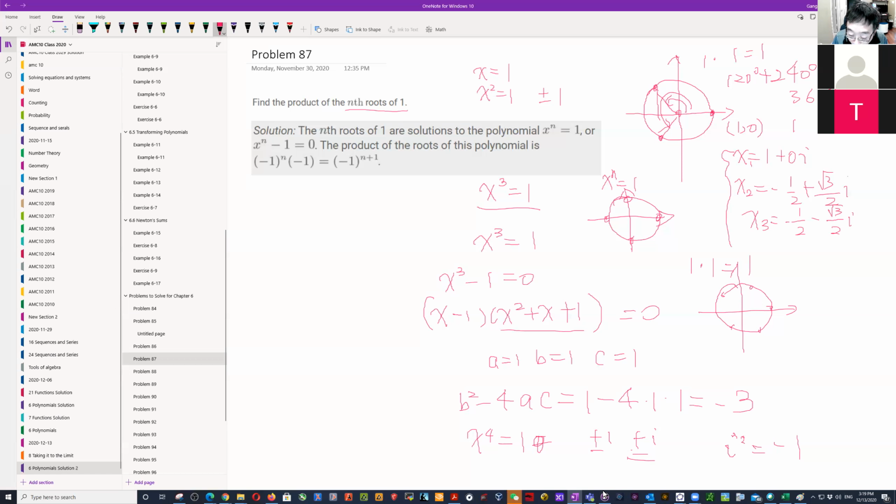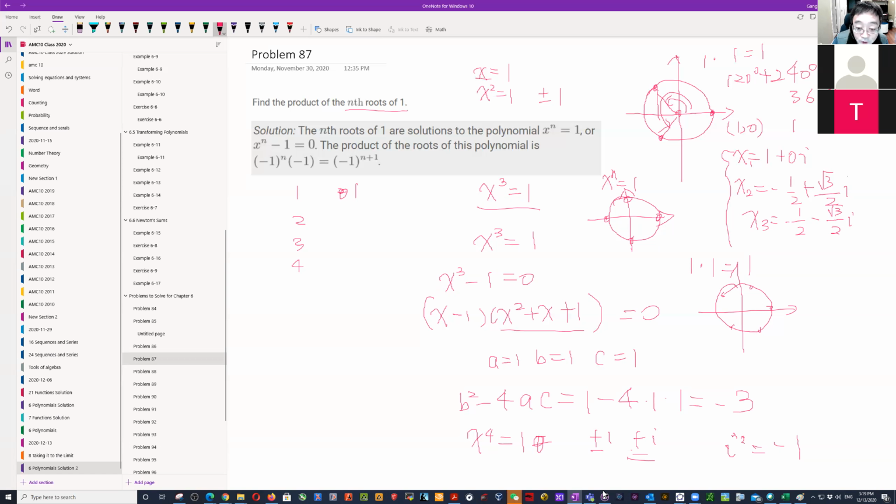Let's list a table for roots 1, 2, 3, 4. For the first degree, the only root is 1. The second degree is 1 times -1, which is -1. For the third degree, we also proved that the product of all the roots is 1. And for the fourth, we prove it's -1, because the product is 1 times -1 times i times -i.